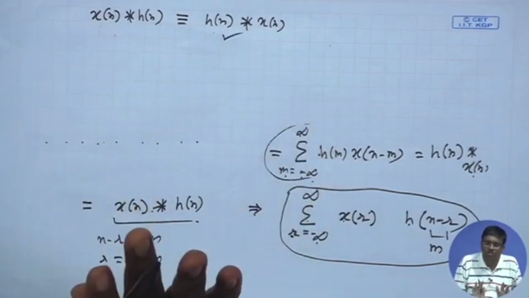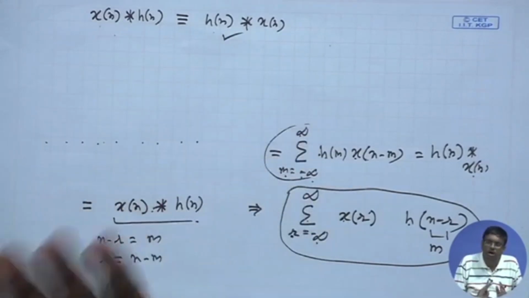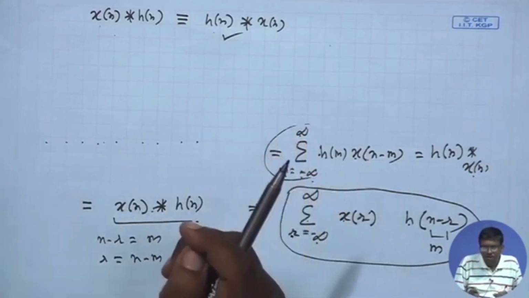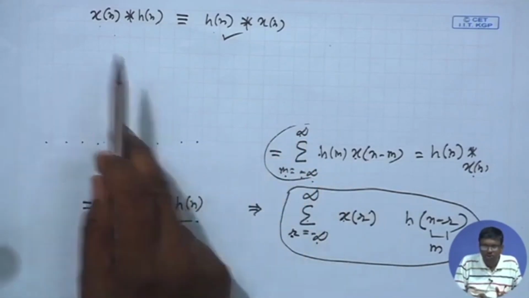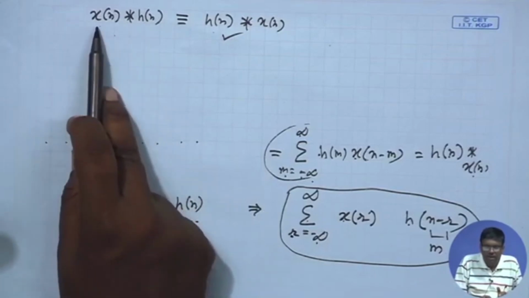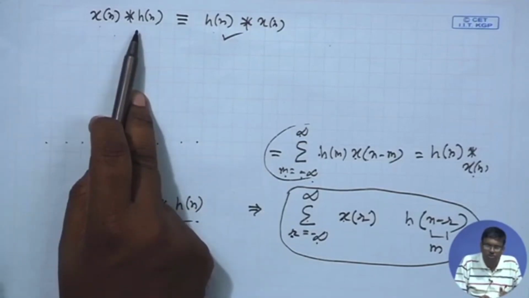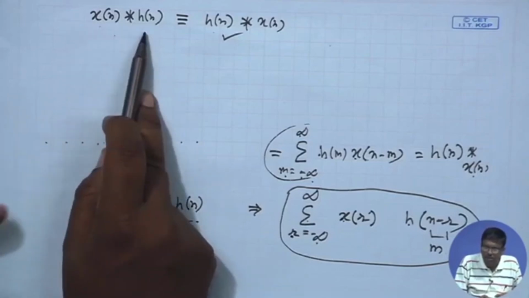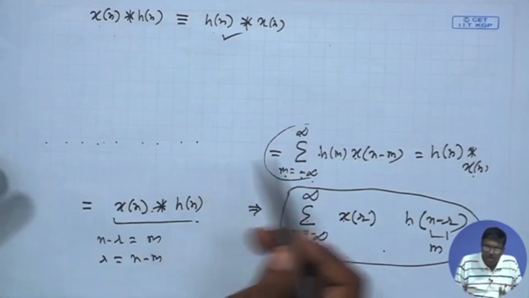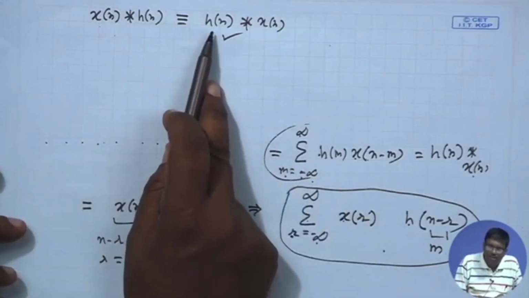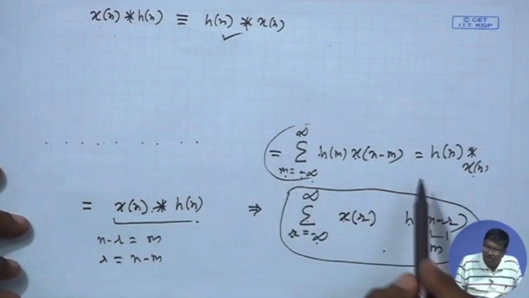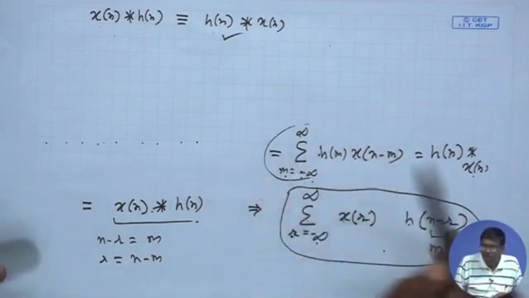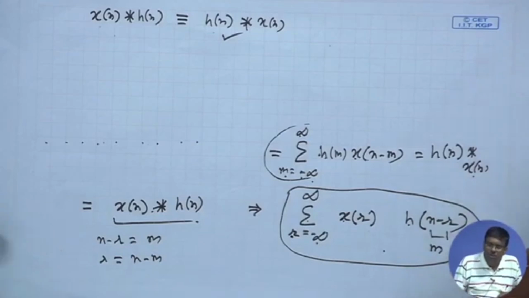This is a rule of thumb, it comes out of practice, out of experience, this is what I observed. So, I am giving you this as a tip, that whenever you have convolution between two sequences x and h, like x[n] is the input, h[n] is the impulse response of a system, instead of taking it as x[n] convolved with h[n], that is this formula, you reverse it, write it as h[n] star x[n], okay, this formula, and then your subsequent steps become easy. This is a rule of thumb.